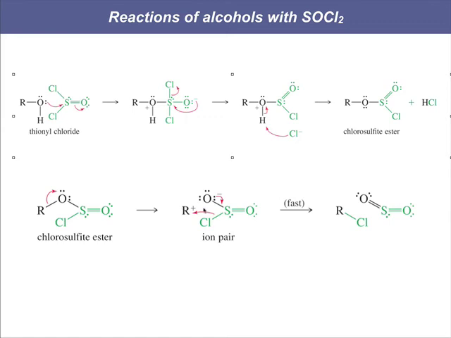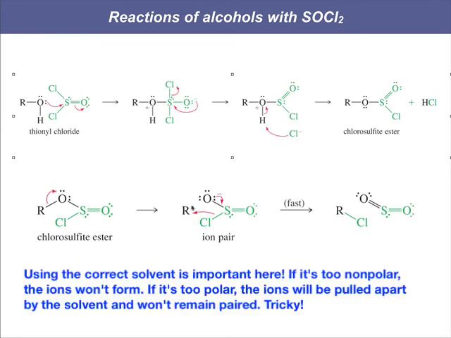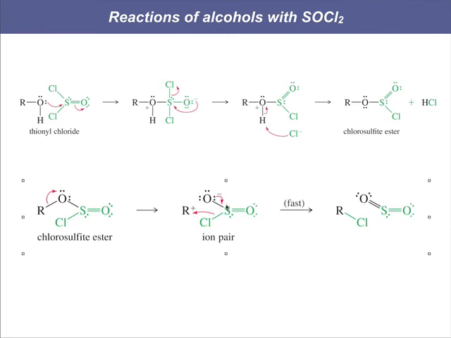These guys don't separate very far. Rather, they kind of stick together and hang out, and almost immediately, those electrons will come down off the O, make a double bond to the sulfur, and that will cause the chloride to leave and hop on back onto the R group. That way we get our RCl and SO2.